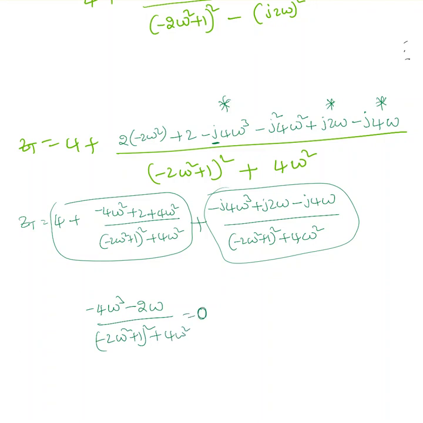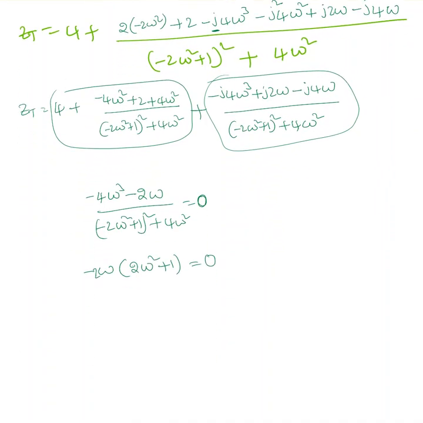This part must be equal to 0. If I take the denominator to the other side, and at the same time pull minus 2 omega outside, what are we going to have? It's going to be 2 omega squared plus 1 equal to 0.